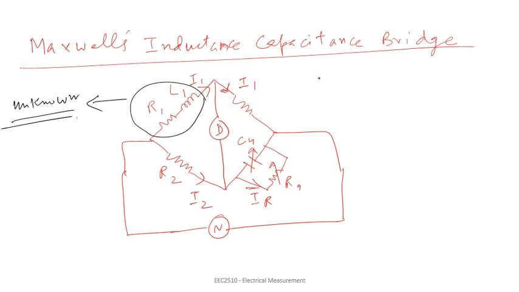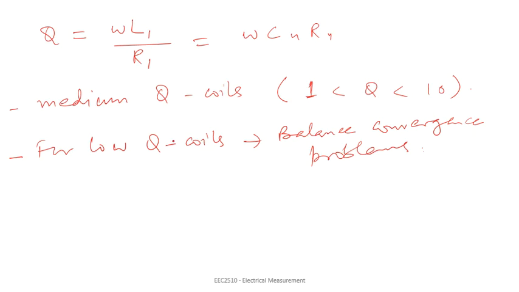This process is repeated, and in this way it gives slow convergence to the final balance. That is why this problem generally arises in low Q factor coils. In medium Q coils this effect is not generally there, and the balance is usually reached quickly. So it can only be used for medium Q factor coils, and it cannot be used for low Q values because of the balance convergence problem.